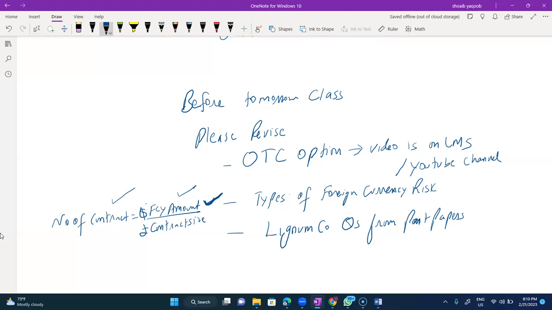Obviously, you don't know that rate, but you know the exercise rate. So divide the foreign currency amount using the exercise rate or the strike rate so that you are able to convert the foreign currency at the rate which is going to happen in future. That's why we use the exercise rate for the conversion of foreign currency to the same currency as the contract size.